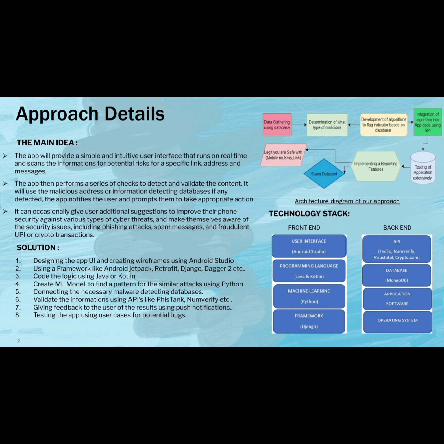Fifth is to consider implementing a reporting feature that allows users to report any false positives or misdetections. Now we will continuously update and improve our app to ensure that it stays up to date with the latest malicious or fraud indicators and data sources. By these following steps, we can create an app that helps protect the users from malicious or fraudulent activities across various areas and also prevent cybercrime.